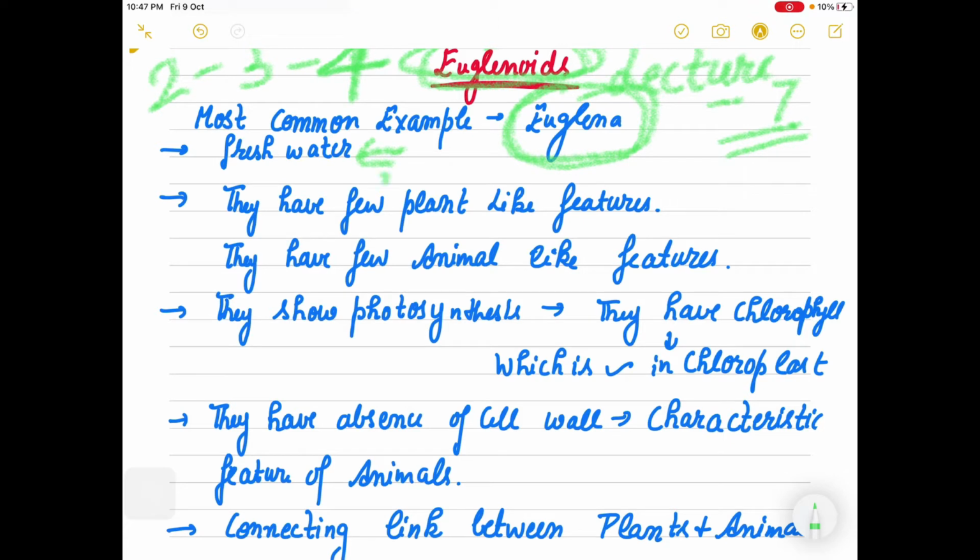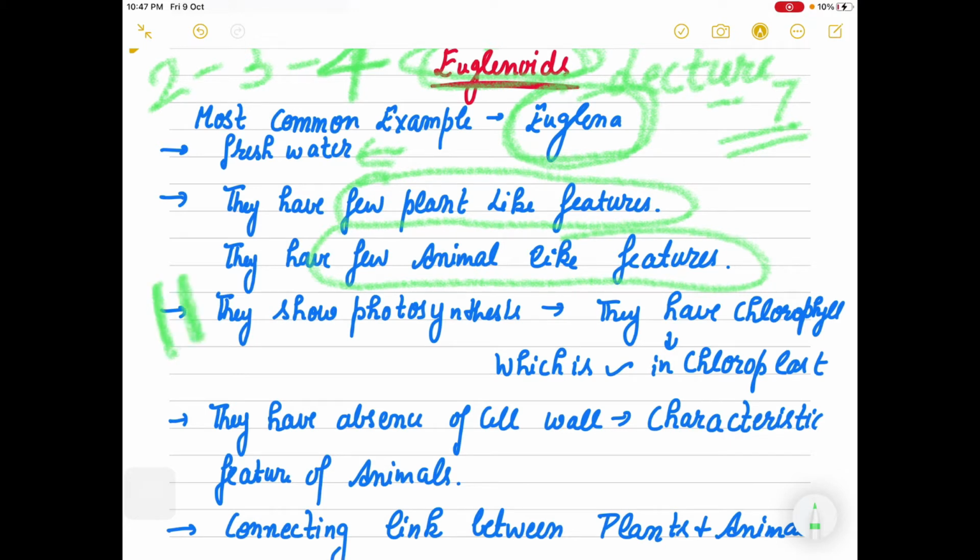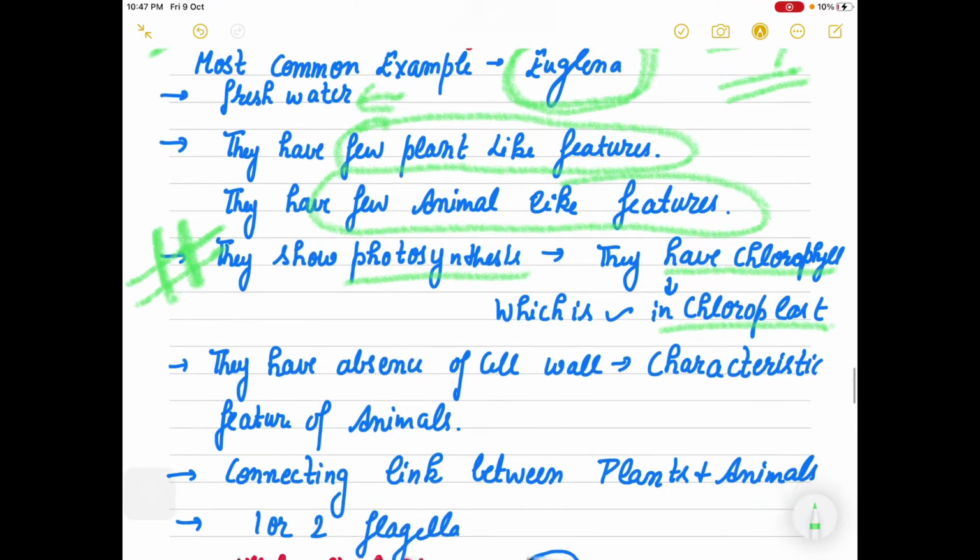Now they have a few plant-like features and a few animal-like characteristics. If I talk about the plant-like characteristics, they show photosynthesis. It means they have chlorophyll, and that chlorophyll is present in the chloroplast.